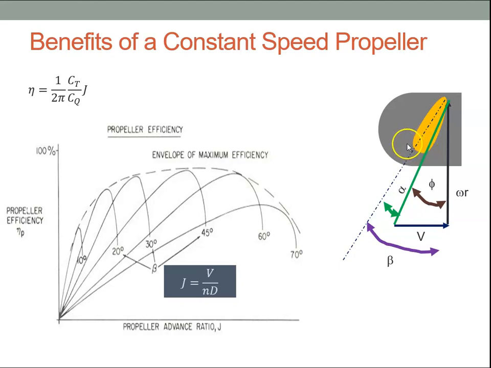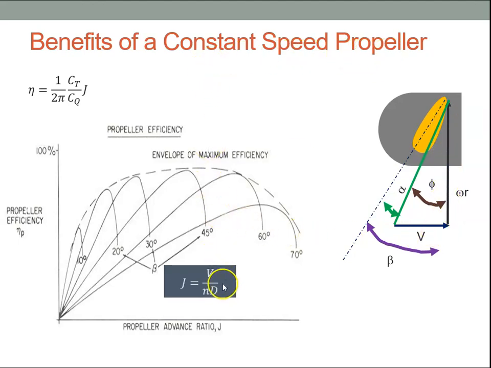It increases in this case to make sure that this value stays the same, and it goes to a position where the angle of attack is at its optimum point. So it's at the optimum point between velocity and RPM. That's what a constant speed propeller does.